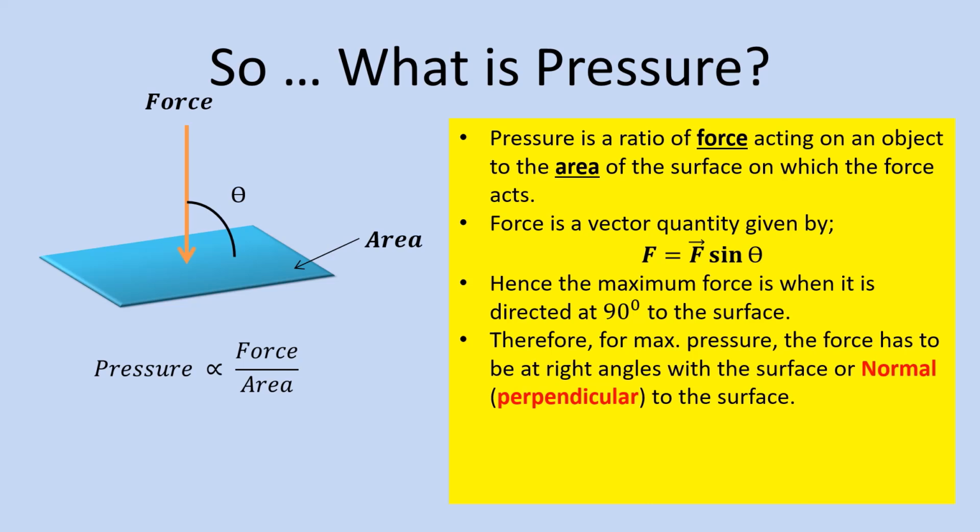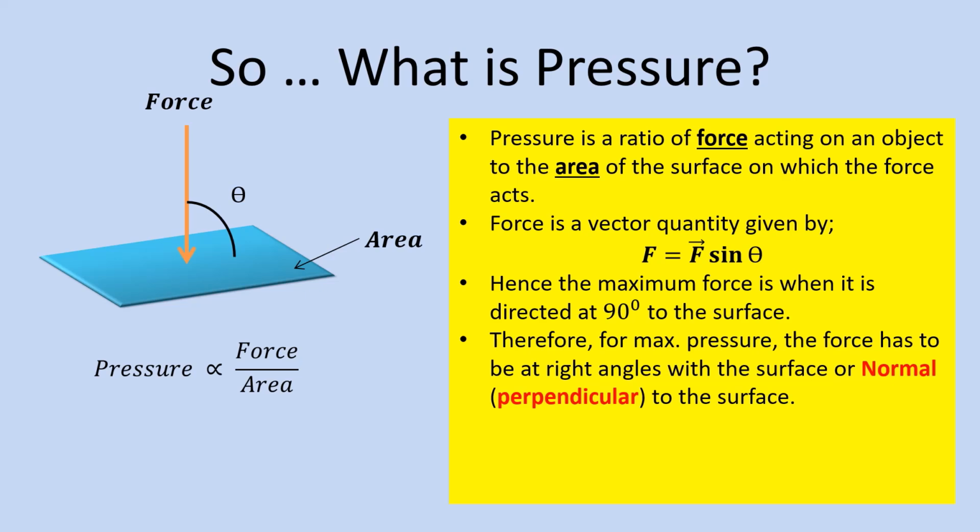So the maximum force is when it is directed at 90 degrees. That one we have already said. So for maximum pressure, the force has to be at right angles with the surface. Being at right angles means that it makes an angle of 90 degrees, or is said to be normal to the surface, or what we can call perpendicular to the surface.